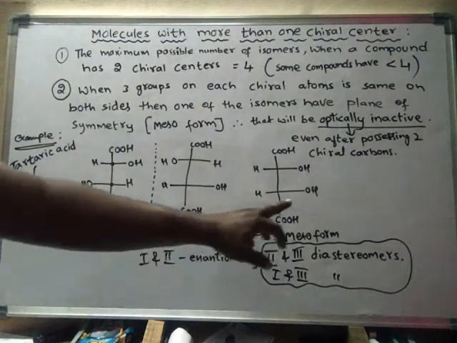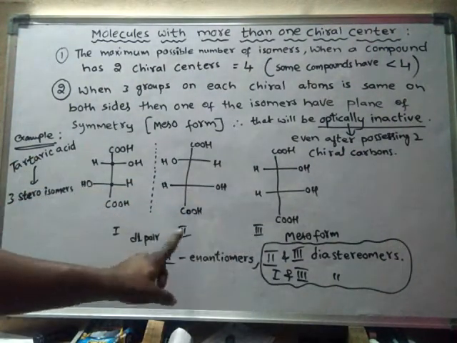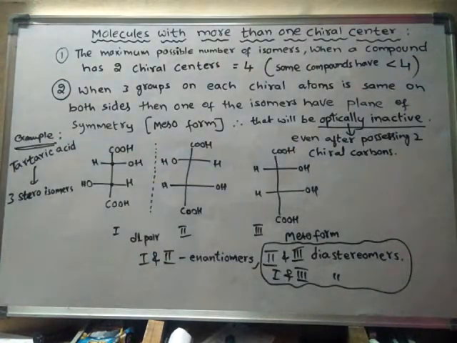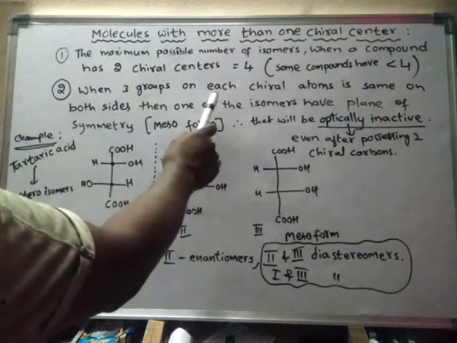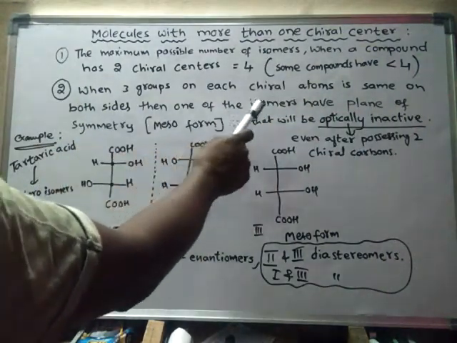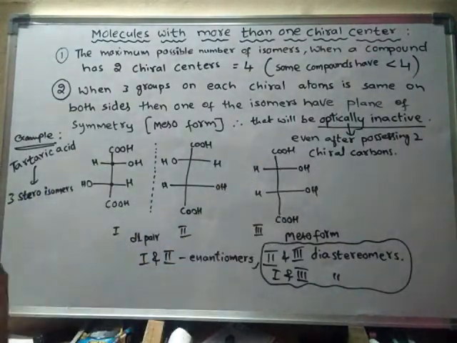Out of these 3 stereoisomers, one form will be the meso form. So when 3 groups on each chiral atom are the same on both sides, one of the isomers has a plane of symmetry. This isomer has a plane of symmetry.